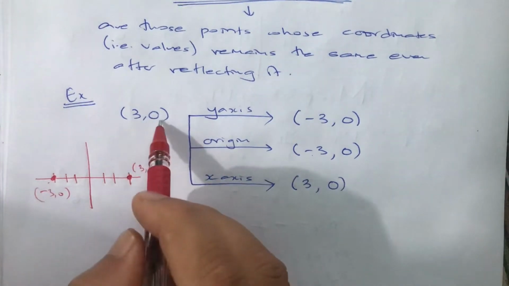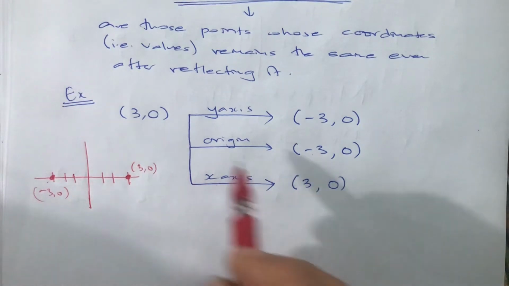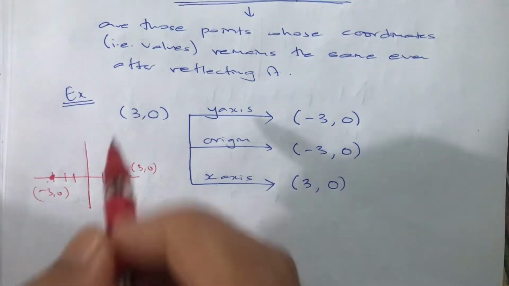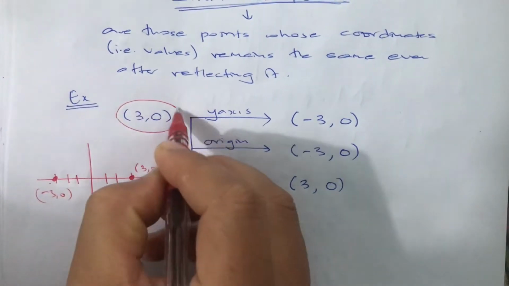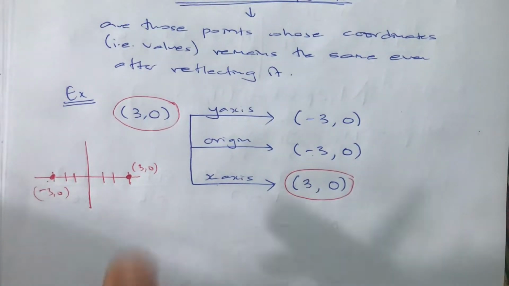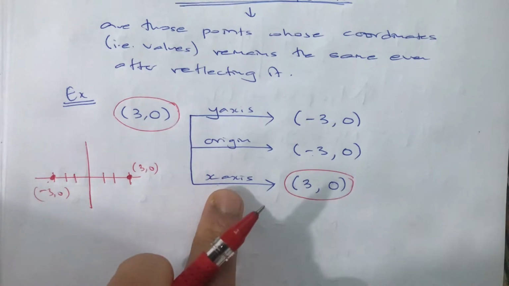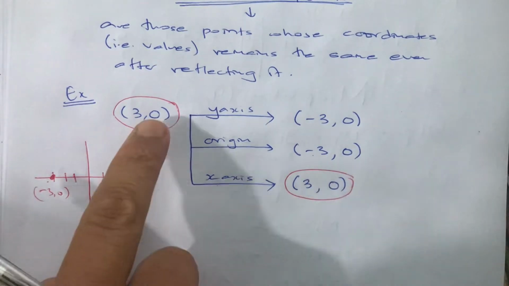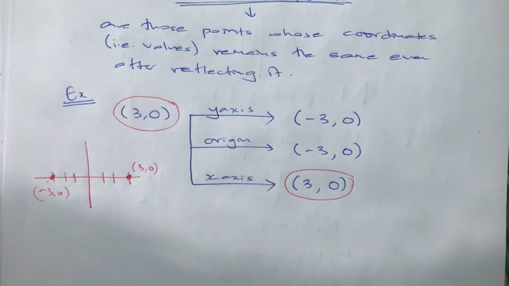But if I reflect (3, 0) on the x-axis, we are still getting (3, 0). We are getting the same (3, 0). So since I reflected this point and we got the same answer, this is what is called invariant.